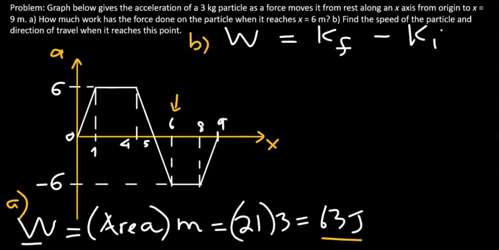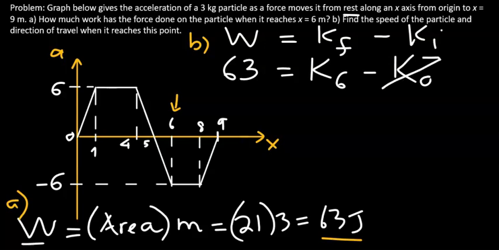Now we have computed the work done by this force as the particle reaches x equals 6, so that is 63 joules. The final kinetic energy is the kinetic energy of the particle when it is at x equals 6, and the initial kinetic energy when it is at the origin.